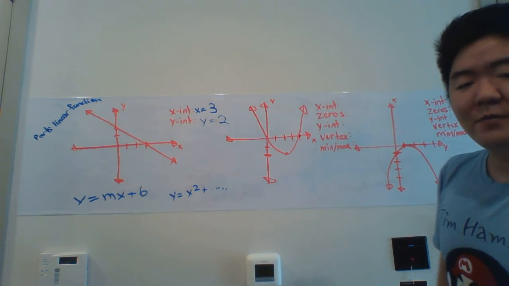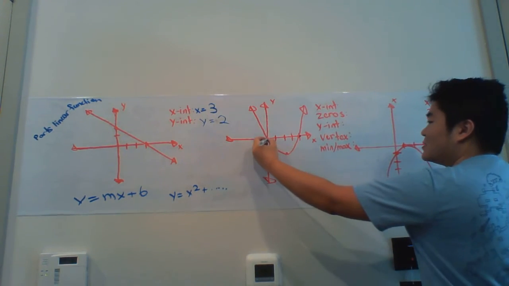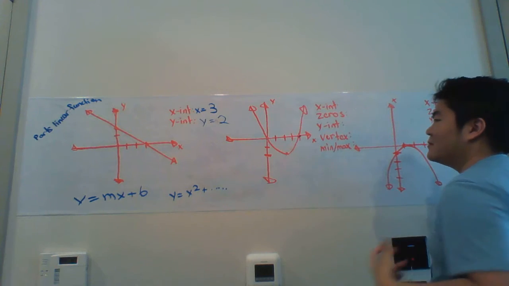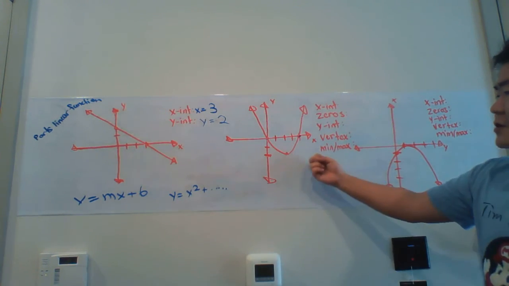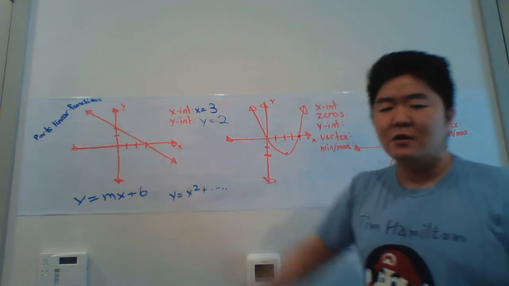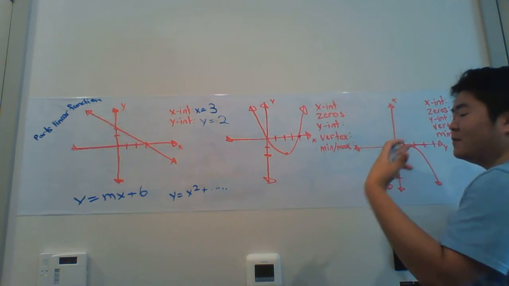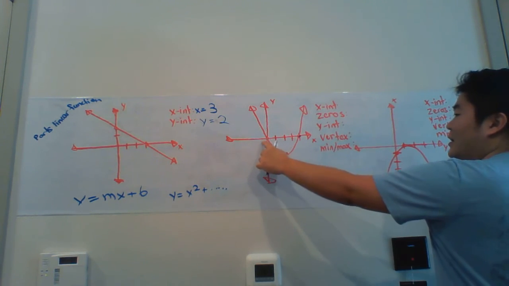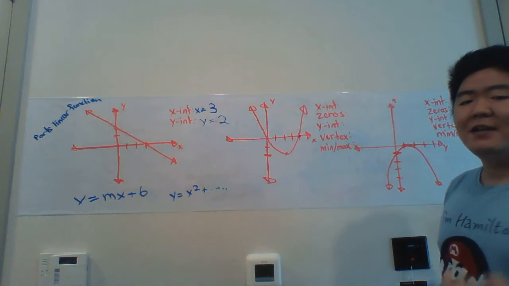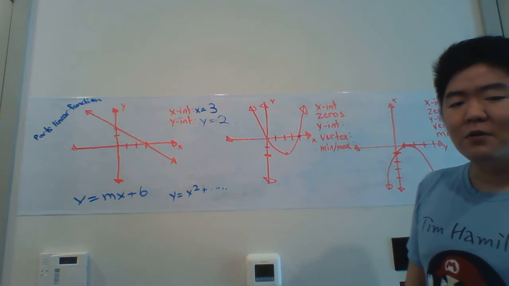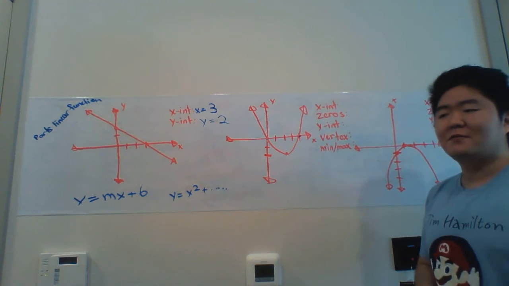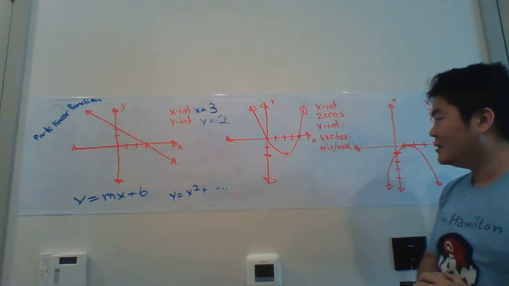You actually put both of them, right? So this is what becomes part of the difference between a quadratic function and a linear function. Because a linear function will only have one x-intercept, while a quadratic function can have up to 2, right? Sometimes it can have 1, sometimes it can have 0. I'll go over that in a sec.